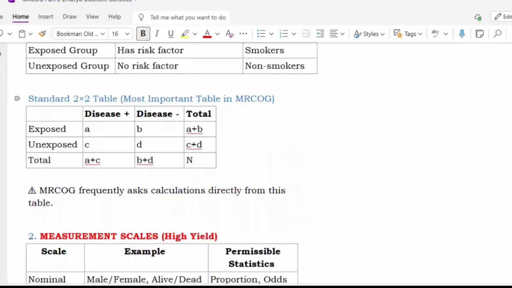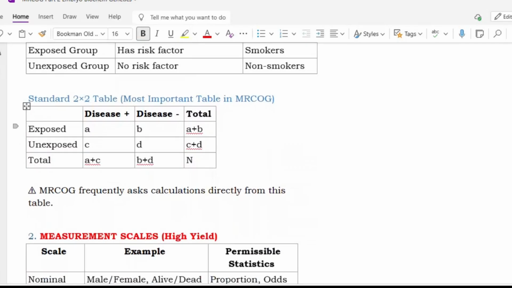Here is the population which has developed the disease, and this is the population which does not develop the disease. This is the whole population which is exposed, and this is the population which has not been exposed to the risk factor. Now let us see.